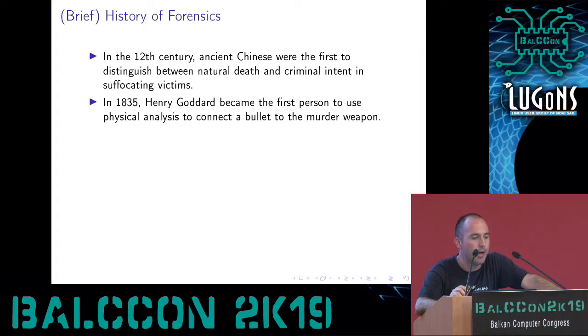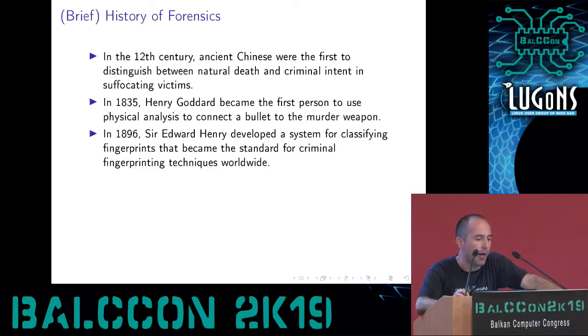For example, in 1835, Henry Goddard, I'm not sure that I pronounced the English surname correctly, became the first person to use physical analysis to compare a bullet with a murder weapon. And also in the 19th century, Sir Edward Henry developed a system for classifying fingerprints that was used in criminal investigations. He was not the first who, let's say, invented fingerprints, but his method was most widely used.